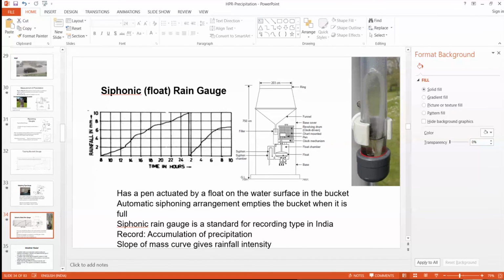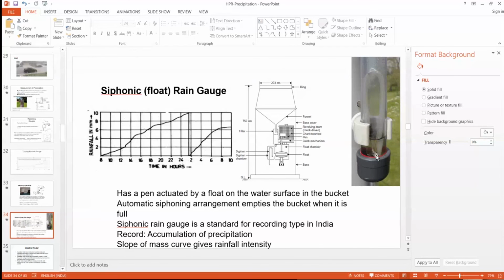You can see this is a chamber which receives rainfall, and once the rainfall reaches the height of this bend, then due to the siphonic action, this chamber becomes emptied.